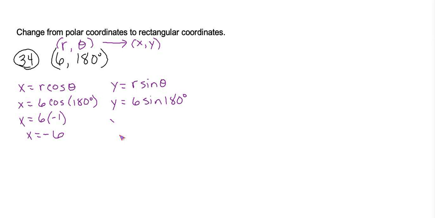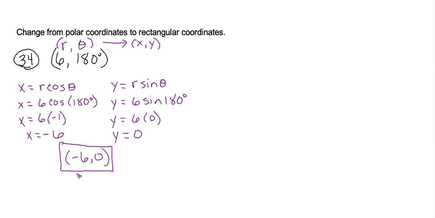So y equals 6 times sine of 180 degrees, we know is 0. So remember, sine is the y-coordinate at 180 degrees. So that's at the point -1, 0. So that's why it's 0. So y is 0. So we have now converted from polar coordinates into rectangular coordinates, which of course would be -6, 0.